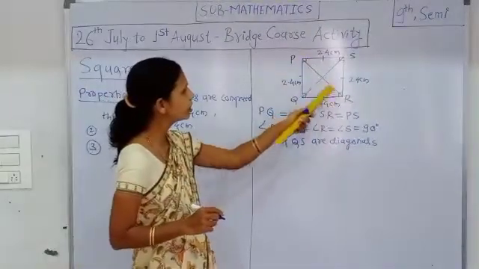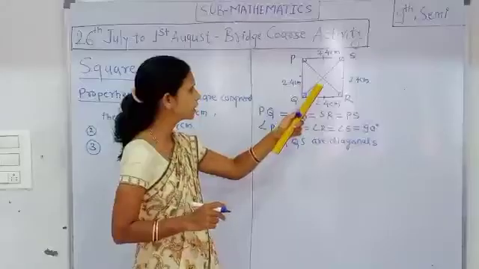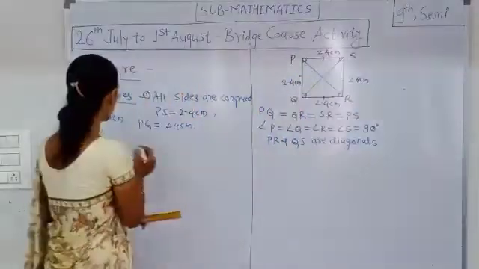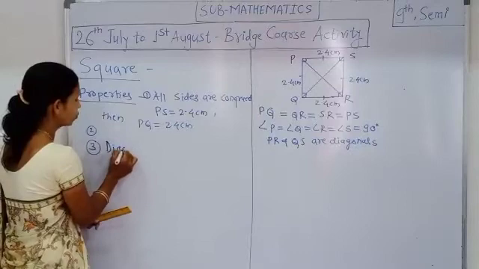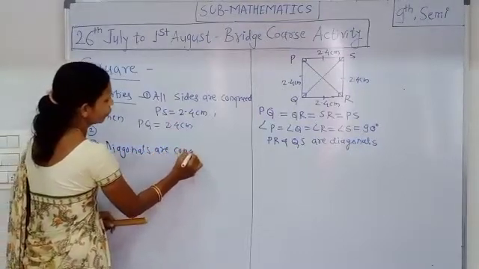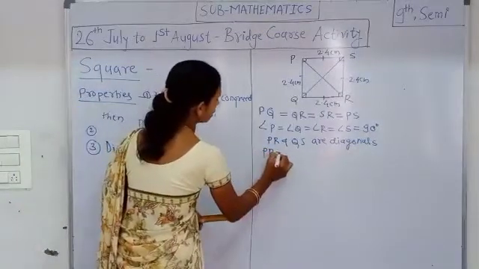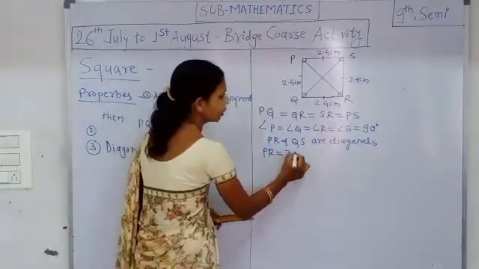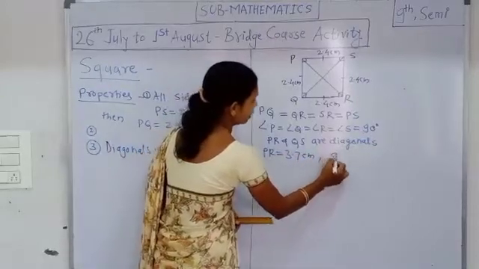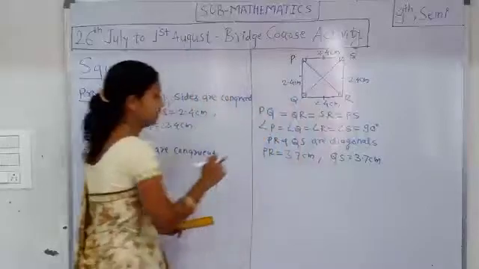Then the diagonals PR and QS shown in this figure are also congruent. That means if PR is 3.7 centimeter, then QS is also 3.7 centimeter.